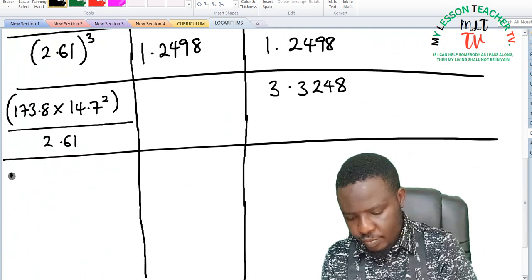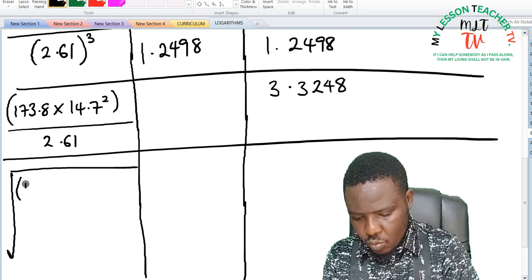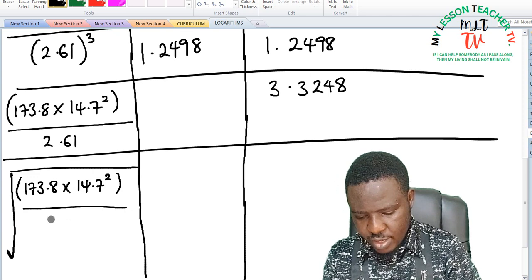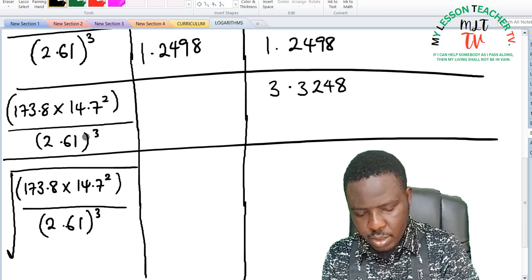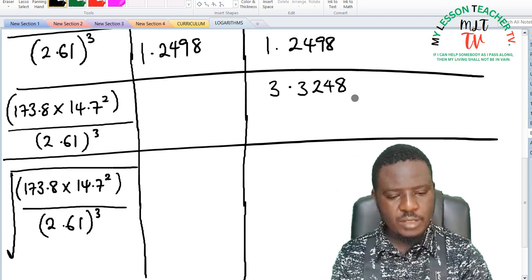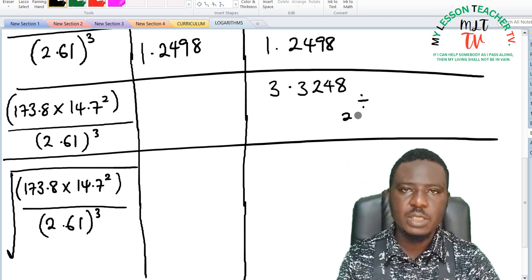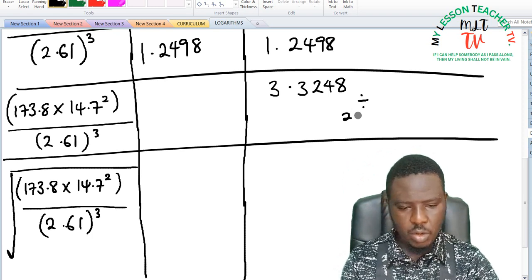So this is going to be the square root of 173.8 times 14.7 squared all divided by 2.61 cubed. Okay, so we then divide this by 2. For square root in number is equivalent to division by 2 in logarithm.